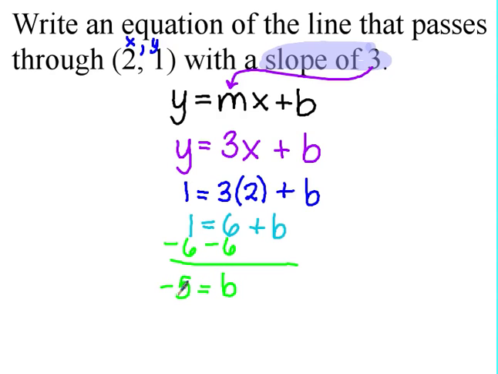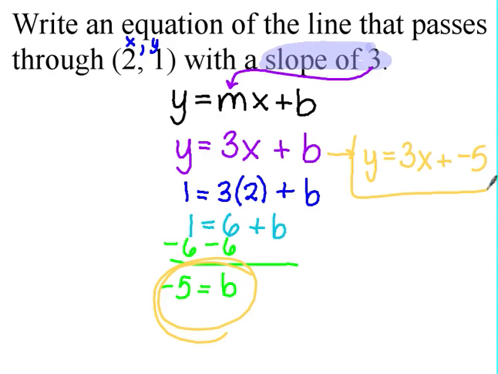So my final step will be to write my equation using my slope of 3 and my y-intercept of what? -5. That's what I just found. Okay, remember, that's what I just found right here, my y-intercept. So whatever that last thing you find, you're going to substitute it into the equation.